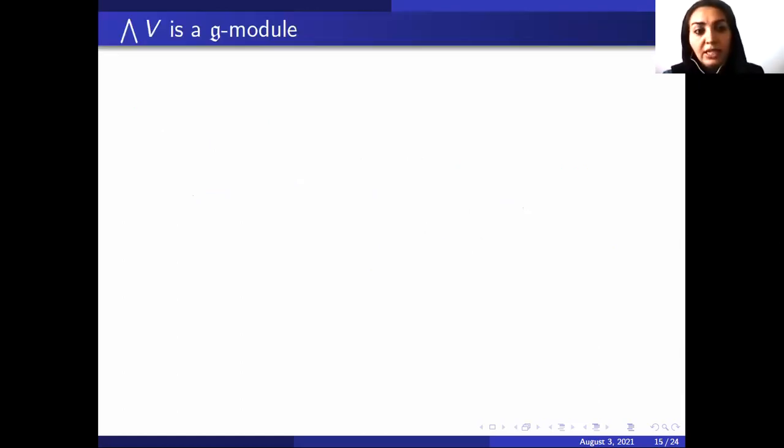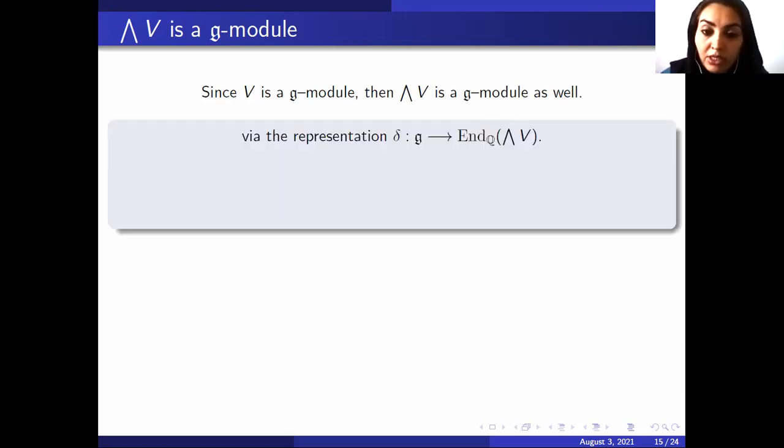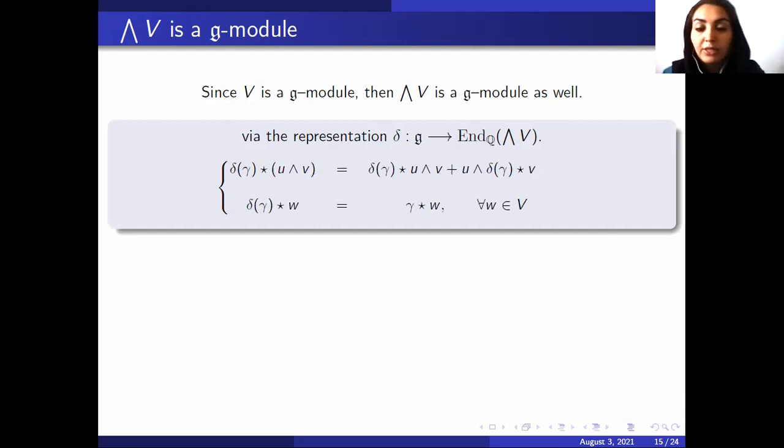Okay, now I'm going to explain a very important observation. If V is a G module, we can say that the exterior algebra of V is a G module. But how? Via the map delta from G to endomorphisms of the exterior algebra, which maps any element gamma from G to delta gamma, which acts on the exterior algebra by satisfying the Leibniz rule.